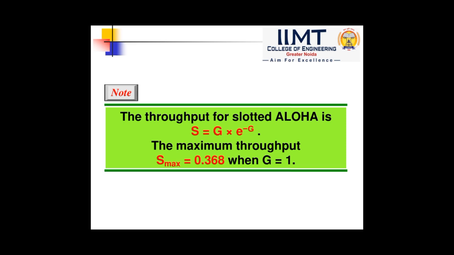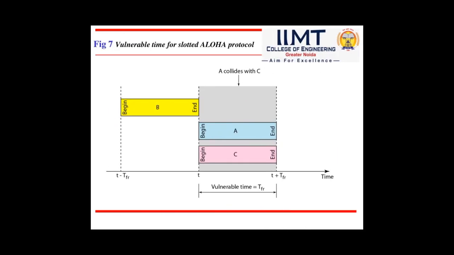So by dividing time into different slots in slotted Aloha, we get twice the throughput compared to pure Aloha. Now the vulnerable time of slotted Aloha is again decreased.